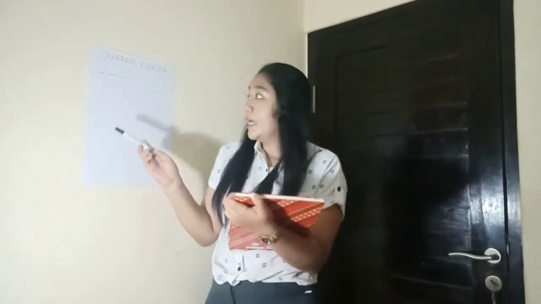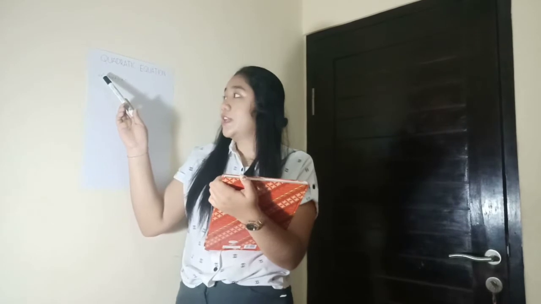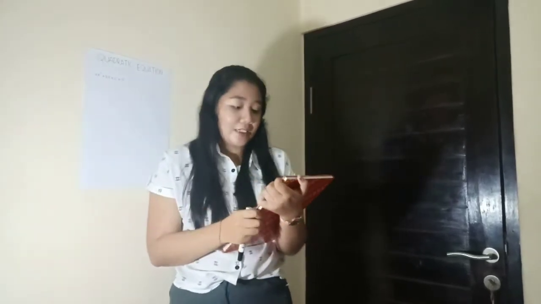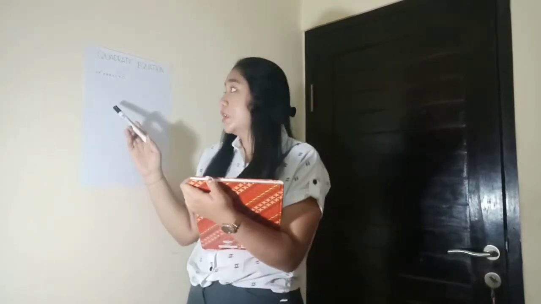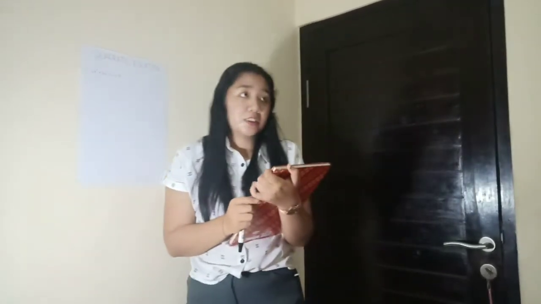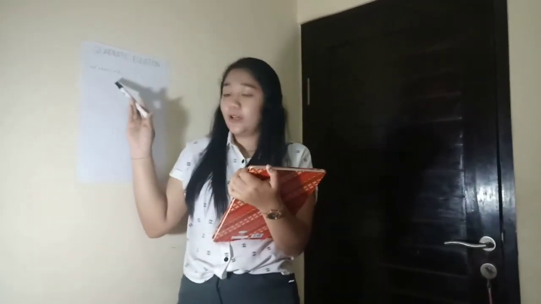Let's see. If a is equal to 0, the x squared term is removed. The remainder is bx plus c equal to 0. So there is no squared term, and it's called a linear equation.